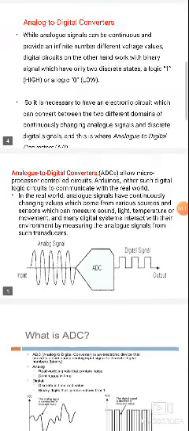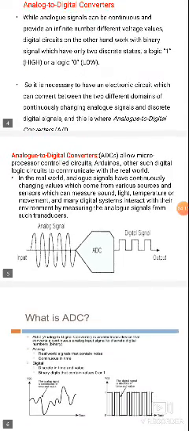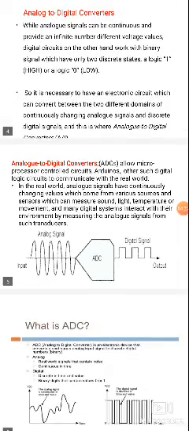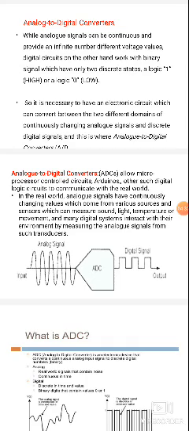While an analog signal is continuous and provides an infinite number of voltage levels, digital circuits, on the other hand, work with binary signals which can contain only two discrete states: logic 1, indicating the high level, and logic 0, indicating the low level.